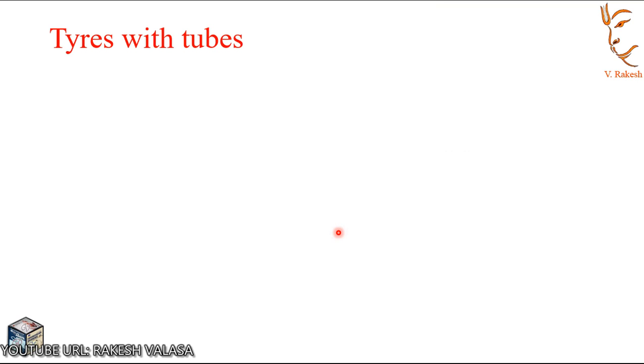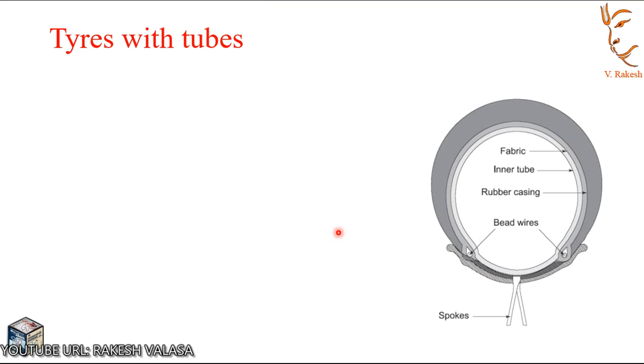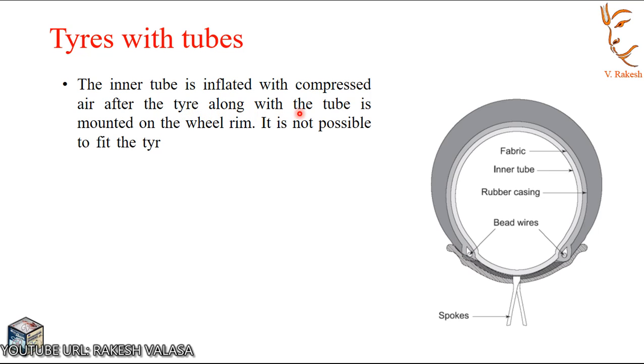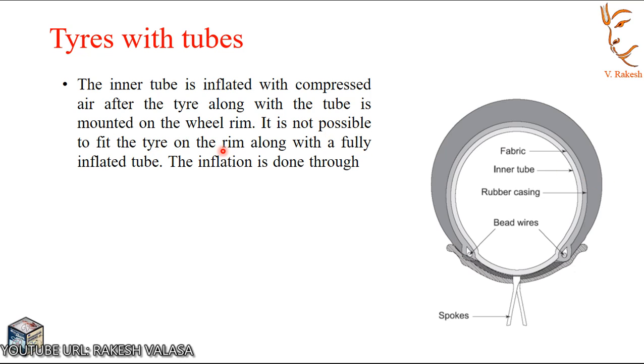Next topic is tires with tubes. The inner tube is inflated with compressed air after the tire along with the tube is mounted on the wheel rim. It is not possible to fit the tire on the rim along with a fully inflated tube.